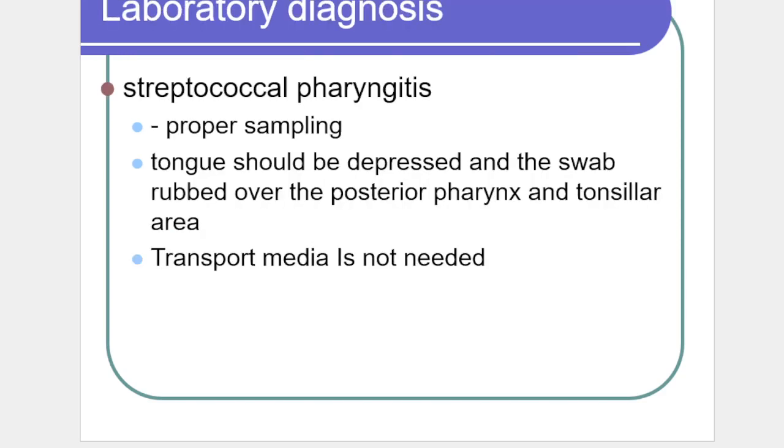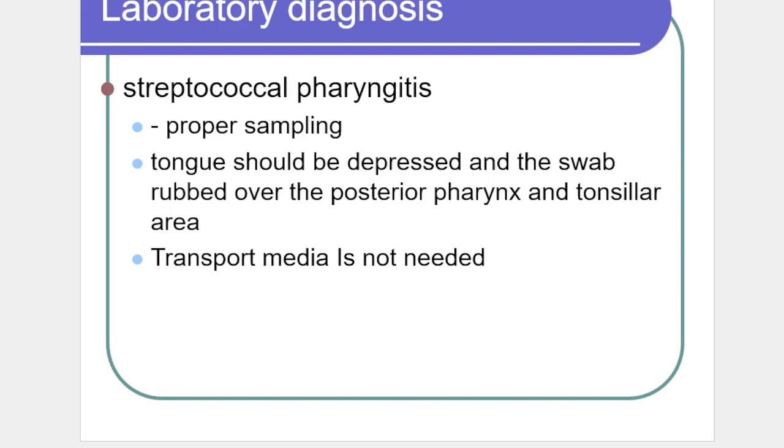In streptococcal pharyngitis, which is one of the possible disease manifestations of Streptococcus pyogenes, proper sampling is very important. In that way, the tongue should be depressed. Then comes the swabbing, the throat swabbing, through the oral cavity.